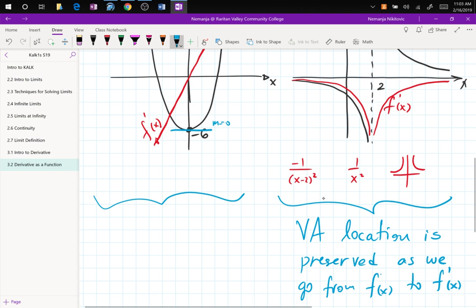So they have the same asymptote, in this case x equals 2.